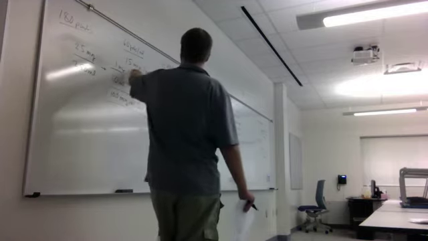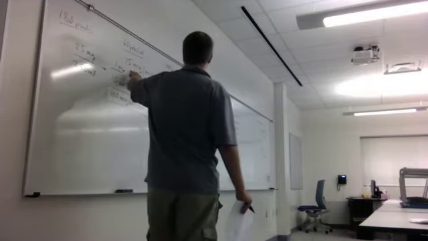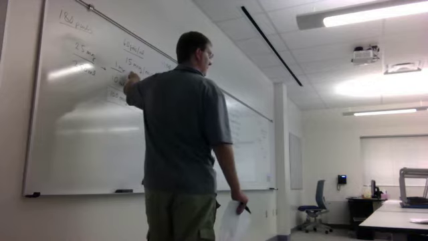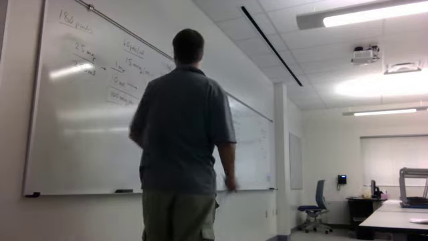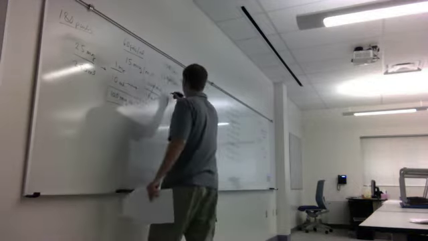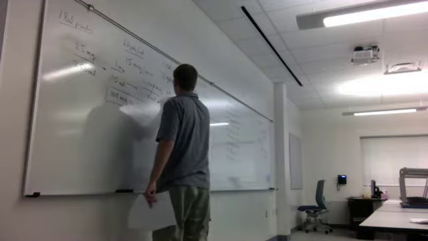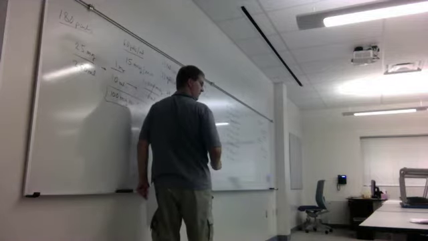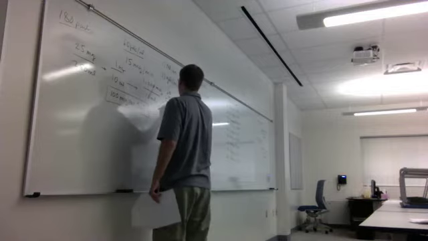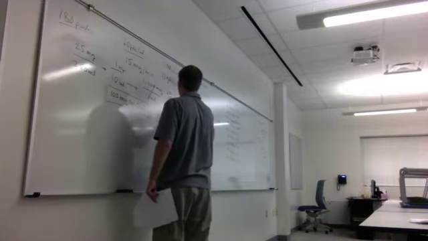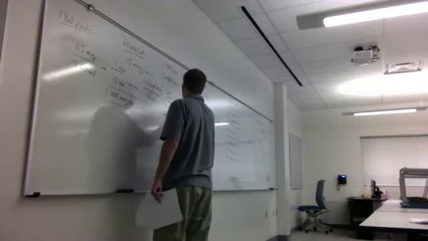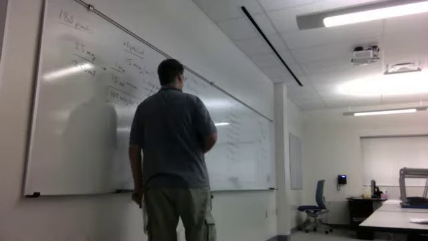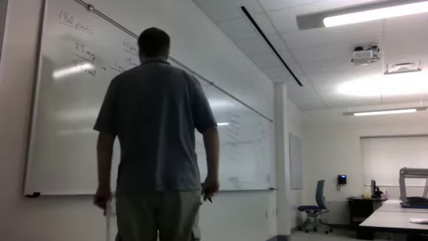I can multiply 15 by 60. What is 60 times 15? 900. So that's 900 micrograms per hour. Would you guys agree?